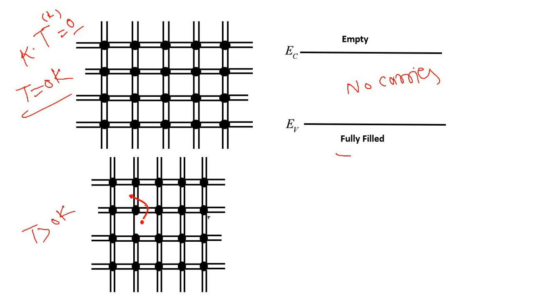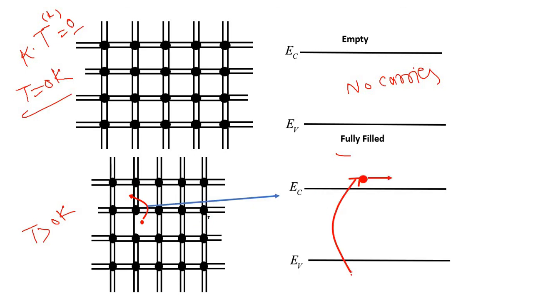So if one electron is free to move, how can you show that electron in the energy band diagram? Okay, let's see. You can show the electron in the valence band move here. This electron that in the bond model you are saying is free, in the energy band model is in the conduction band, and the electron is moving.